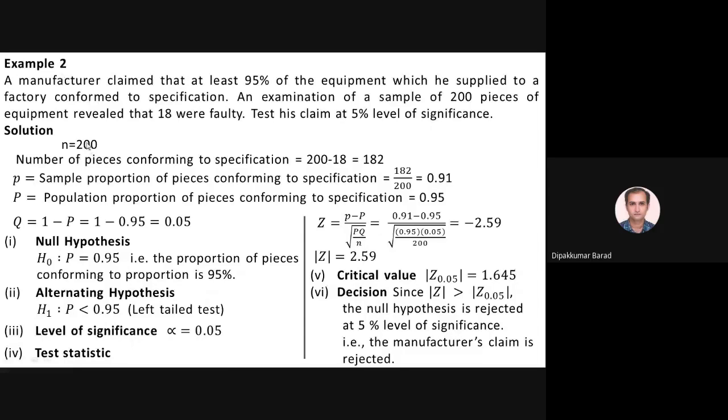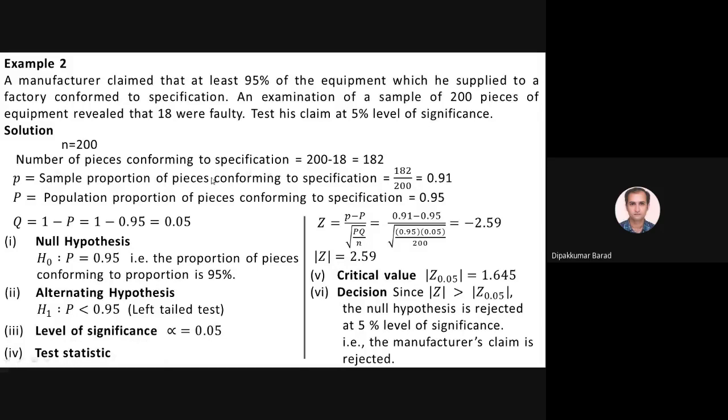Now in the working rule we have already discussed that we have to do all these steps: null hypothesis, alternative hypothesis, level of significance, test of significance, critical value, and decision. For that, first of all, to calculate this statistic, we require small p, capital P, and capital Q. Small p is for the sample, the sample proportion.